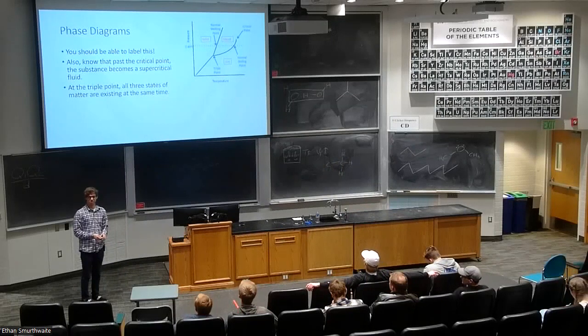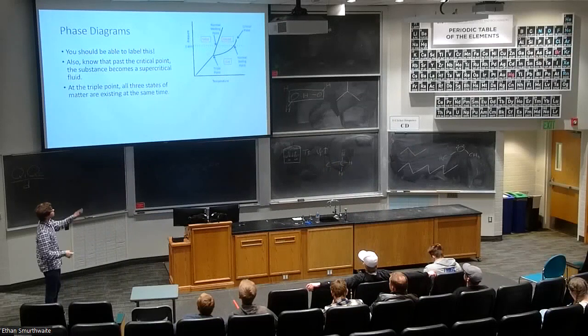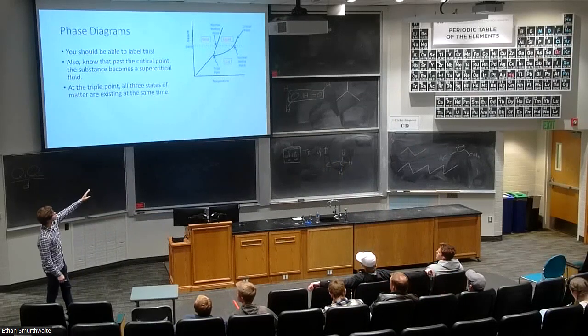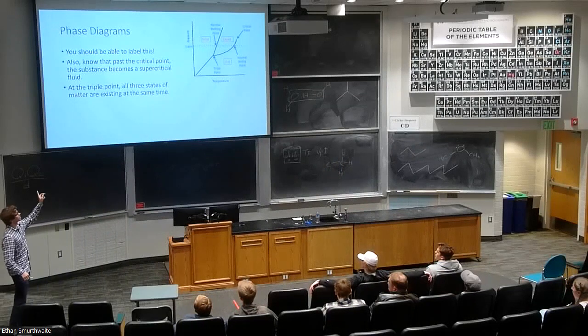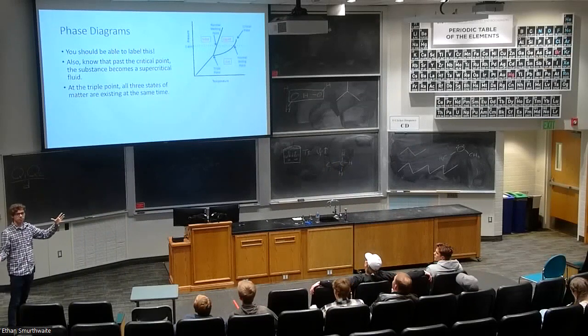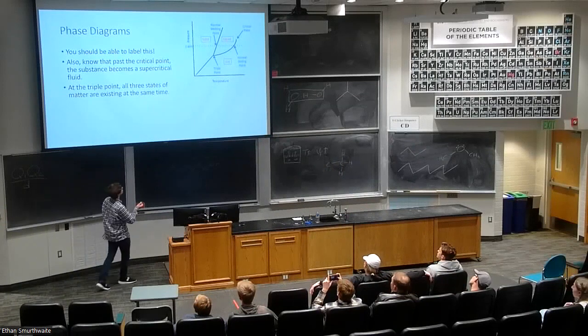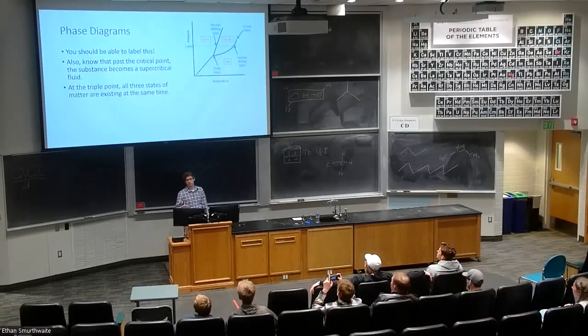It melts or it freezes. The solid line just goes forever. The only one that ends is the gas and liquid line. That's where it turns supercritical. But the solid one goes forever. There's not really a top to the gas one. It's just that the graph eventually has to end. Was there a question over there?